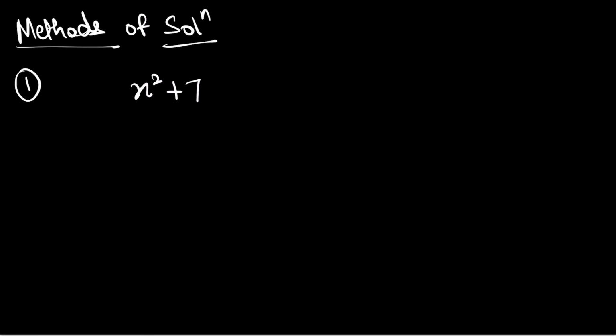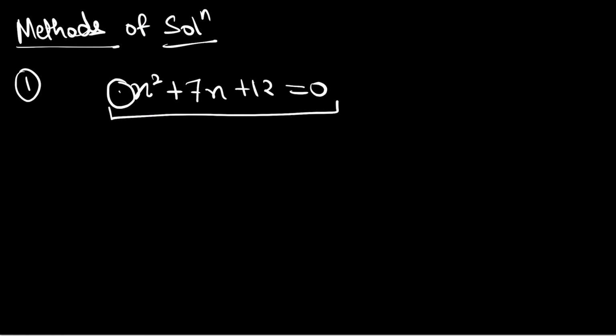Methods of solution, and we'll start with the first one, which is without any formula. This is the basic method that we are introduced to. I'll take an example: x square plus 7x plus 12 equal to 0, and I have to solve this equation. What I need to do is take the coefficient, here it is 1, multiply it with the c term, which is 1 into 12, and factorize it.